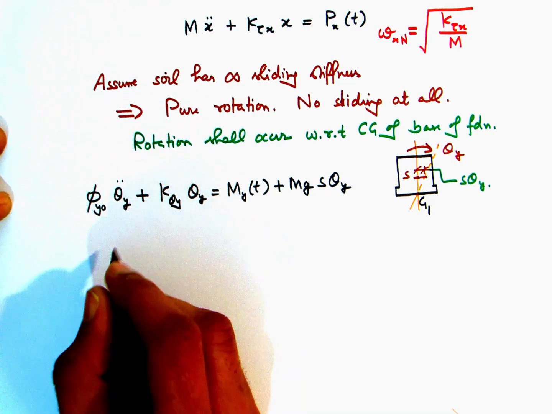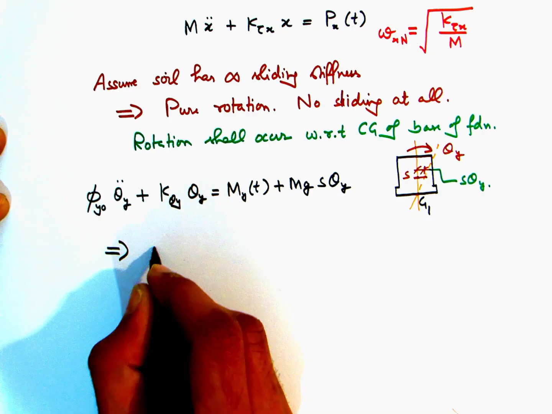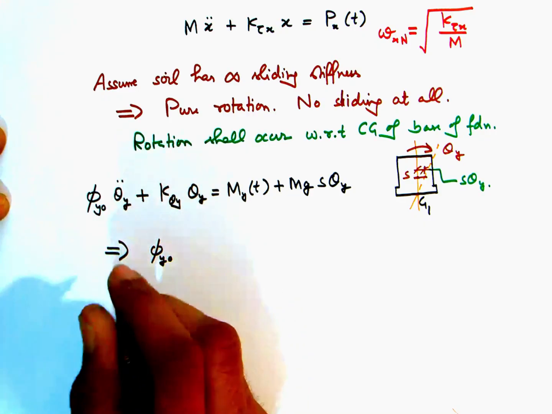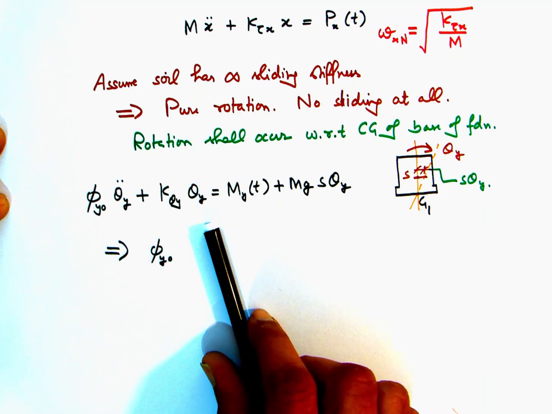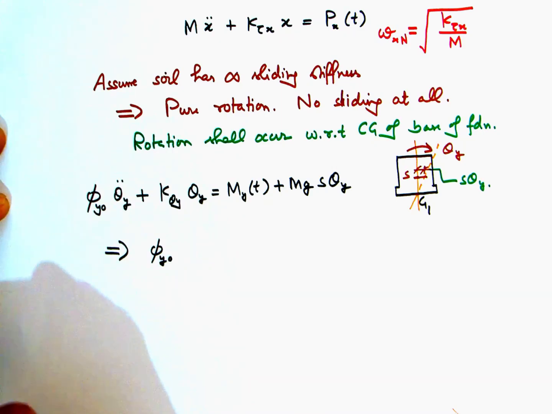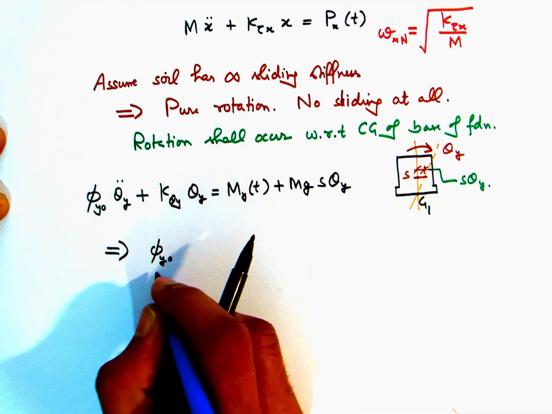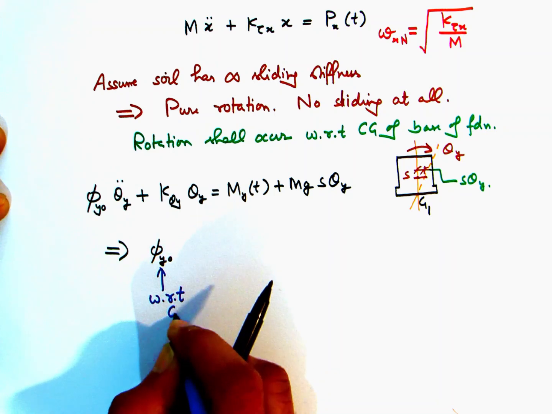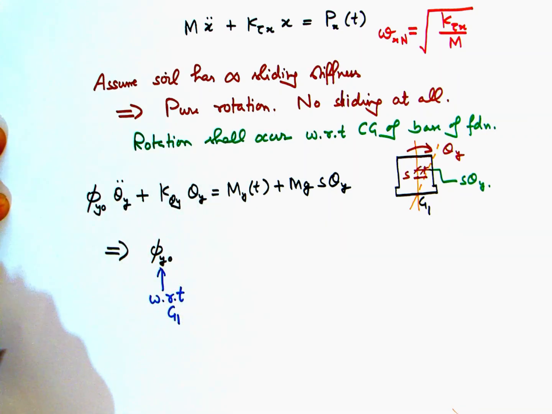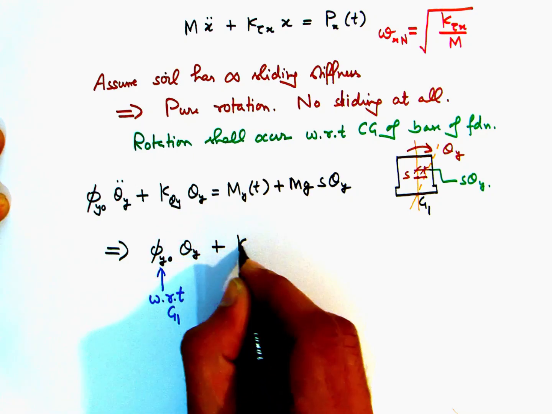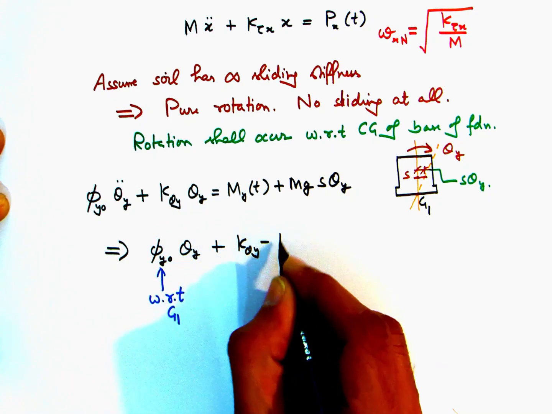However, the moment induced by the couple formed by the normal reaction and the weight shall be there. And please note that here phi y is replaced by phi y naught. So phi y naught is basically the mass moment of inertia of the entire system with respect to the CG of the base.